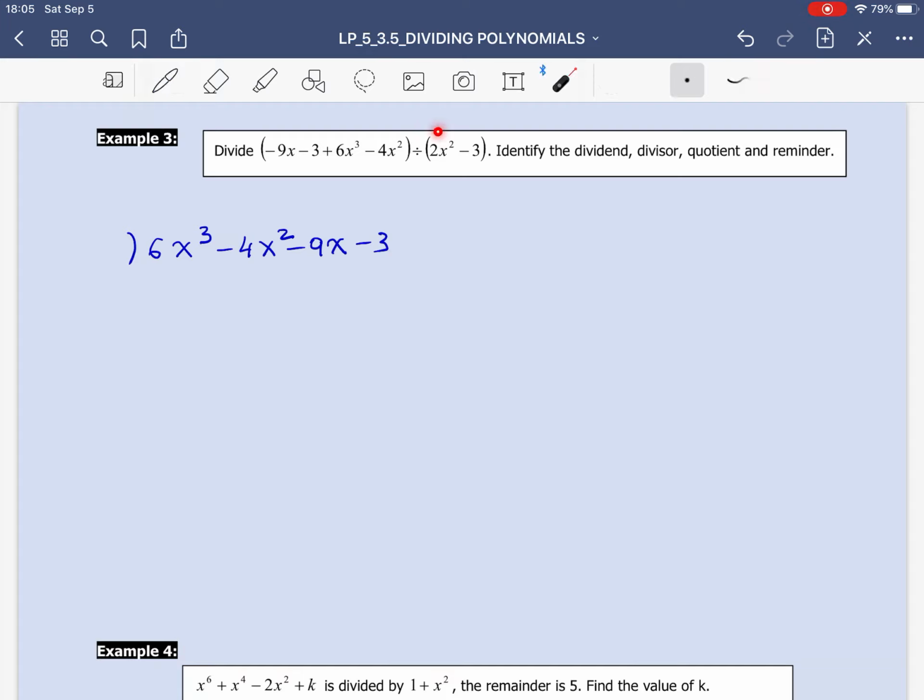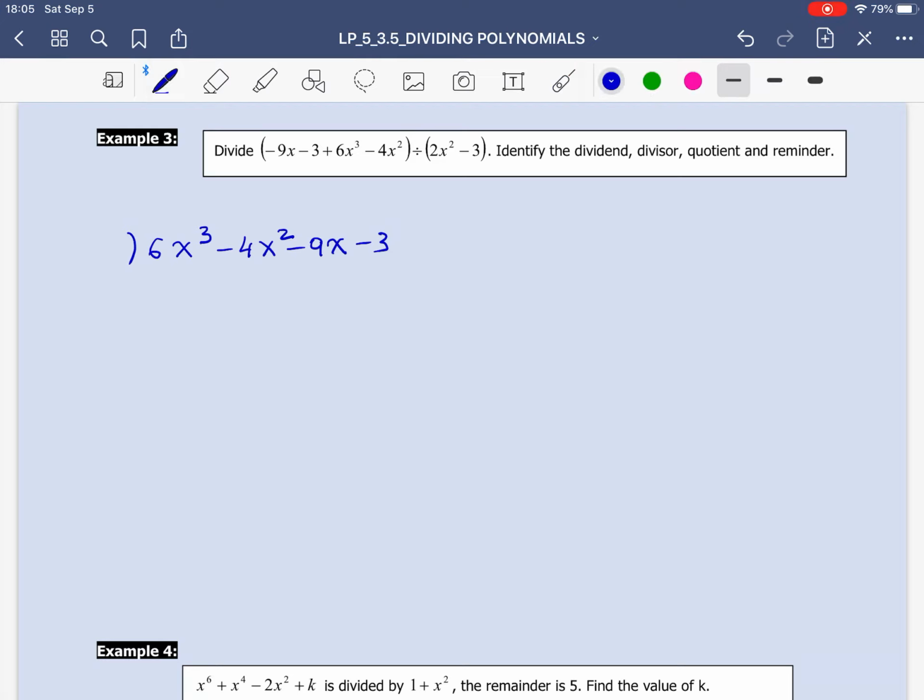Now notice how in this case the divisor is second degree, and second degree polynomial expressions can have a maximum of 3 terms. So we have an x squared term, we don't have an x term, but we do have a constant.